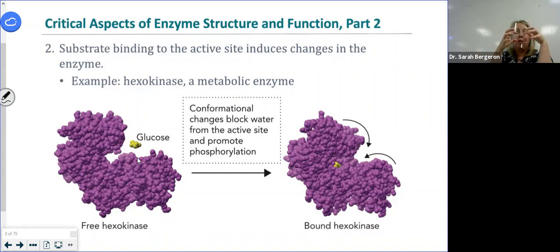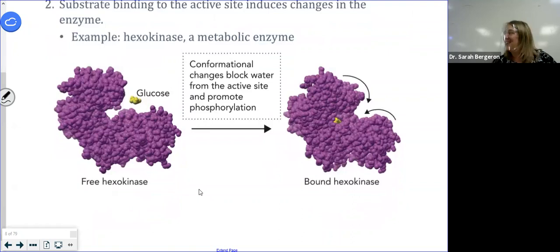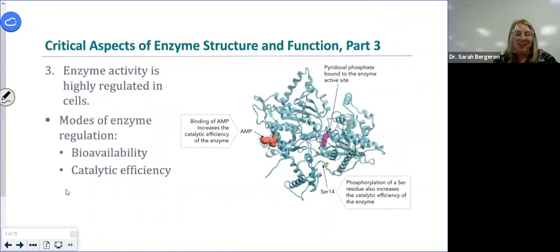And they basically fold inward to protect the glucose, to keep it away from the solvent, and then to induce interaction of the functional side chain, which is really, really pretty cool. Looks like a what? A hug. It's hugging glucose. And then give it a phosphate group, right?